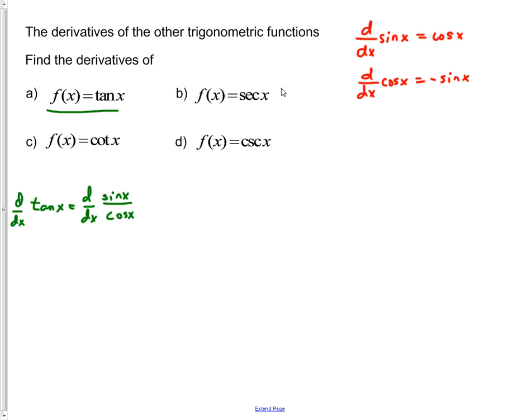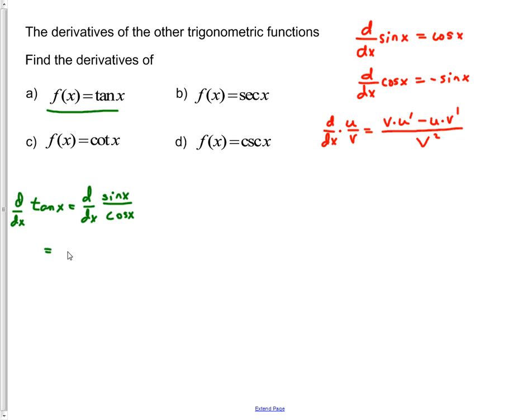You remember the quotient rule? Hold on, let me write it up. My quotient rule says that if I take the derivative with respect to x of u over v, where u and v are both differentiable functions of x, then we get v u prime minus u v prime over v squared. Or you remember the little tune, low d high minus high d low. There we go. It's our sine and cosine of x in the high and low positions for our numerator and denominator. So let's work this one out.